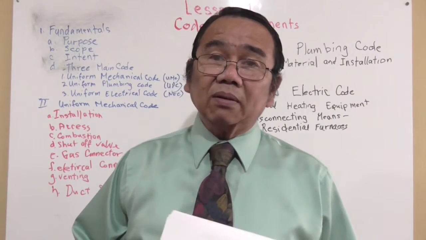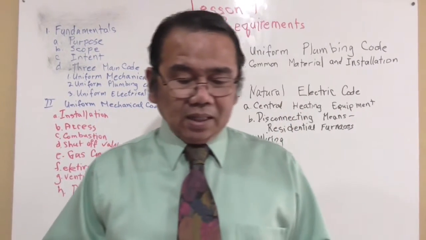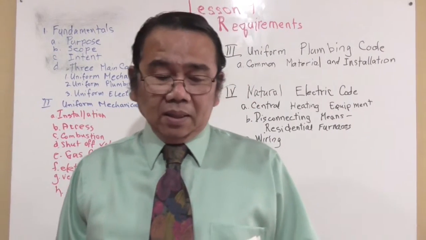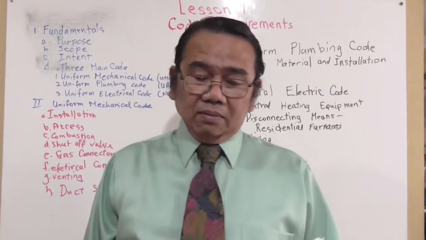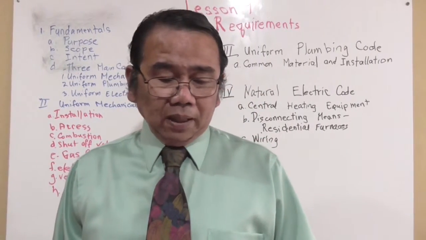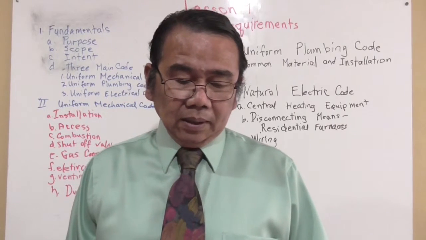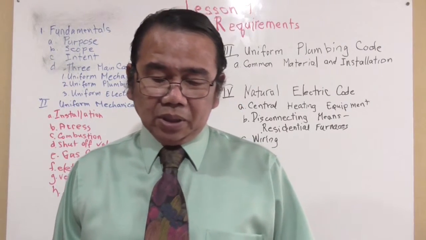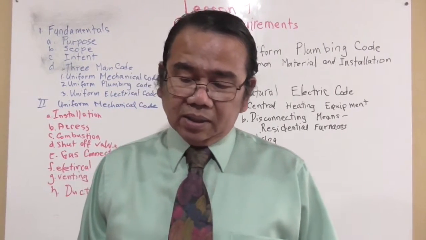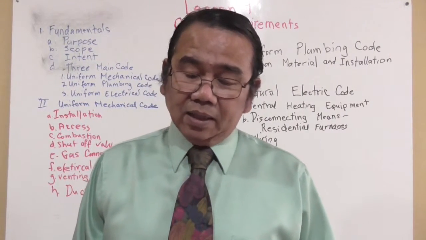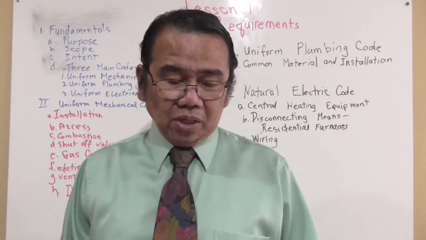And then you talk about the gas connector. The gas connector shall be rigid pipe, maybe semi-rigid, for example aluminum, or flexible metal tubing, if approved by the building official or testing authority such as AGA. I guess AGA is the American Gas Association.